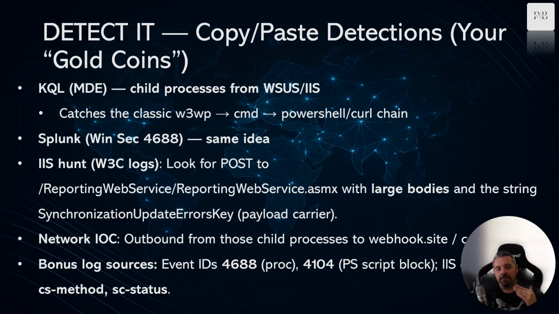First, what these rules catch. We are hunting the process chain we teased earlier. So we go from a W3WP or WSUS service into cmd and then PowerShell, or pwsh, or sometimes curl.exe or bitsadmin.exe right after.